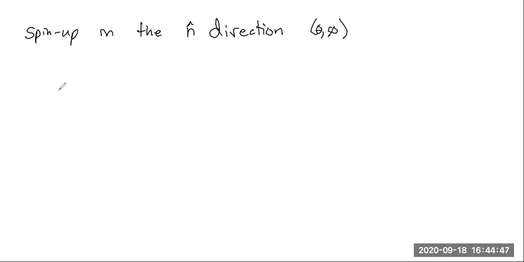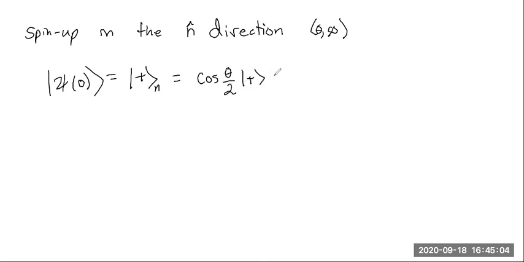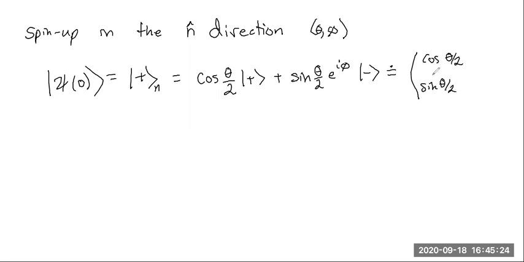We can write this general state, spin up in the n hat direction, as equal to cosine theta over 2 spin up plus sine of theta over 2 e to the i phi spin down, which I can represent in matrix notation as cosine of theta over 2 times sine of theta over 2 times e to the i phi.